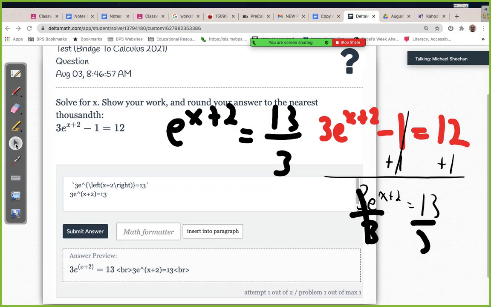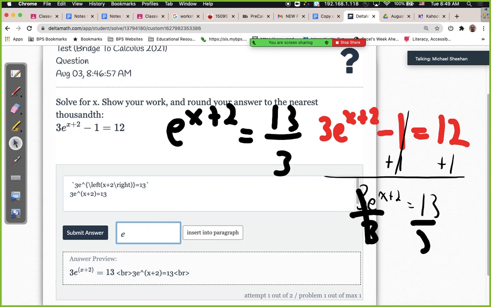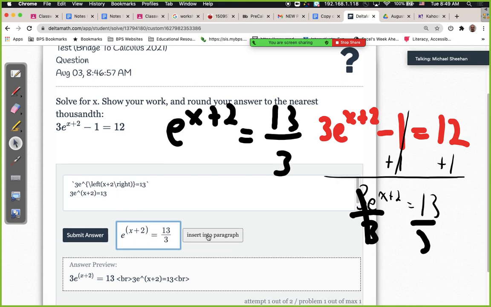Don't turn 13 thirds into 4.333. Okay, let's do math formatter here. So e to the x plus 2 equals 13 thirds.